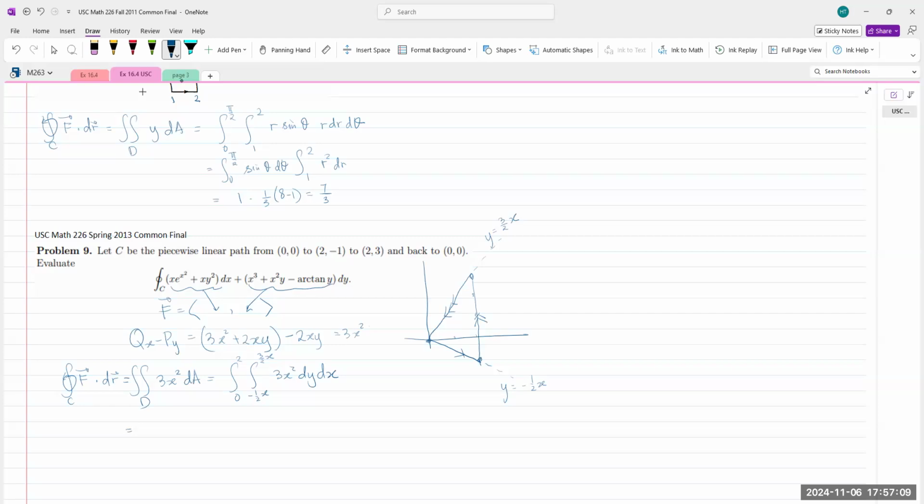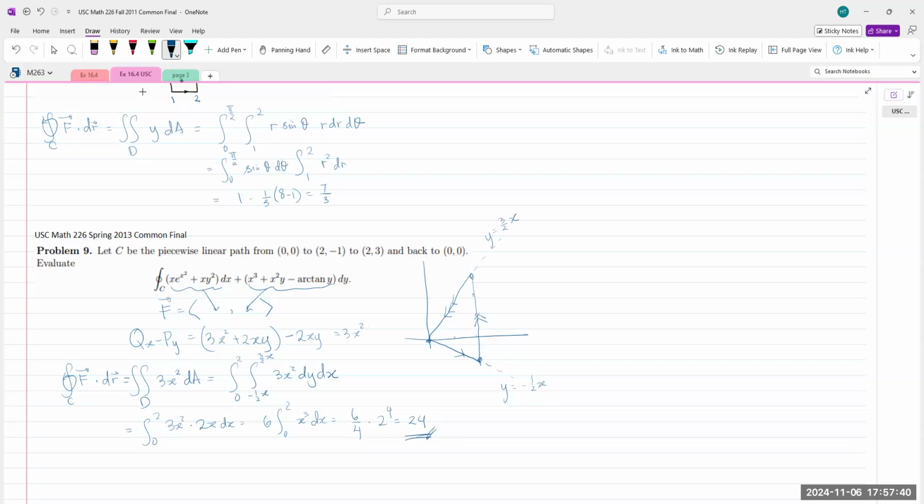So that's integral from 0 to 2 of 3x squared times (3/2 x minus -1/2 x). That's 2x times 3x squared dx. That's 6 integral from 0 to 2 of x cubed dx. That's 6/4 times 2 to the 4th. That's 24.